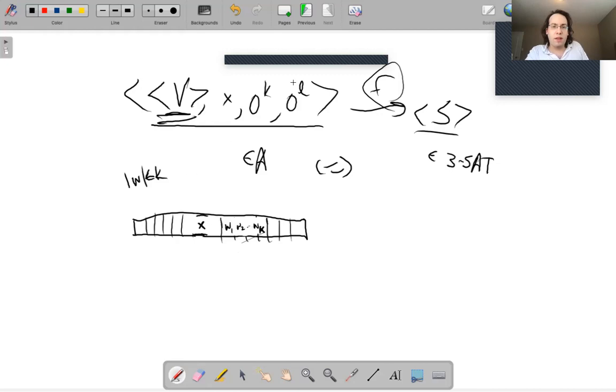Recall that V only takes L steps. So we only need to write down this tape of length L in each direction from the starting position. If the starting position is here, V takes only L steps, so it can't travel more than L in each direction. So 2L plus 1 will cover it, and V will never leave this range of the tape.